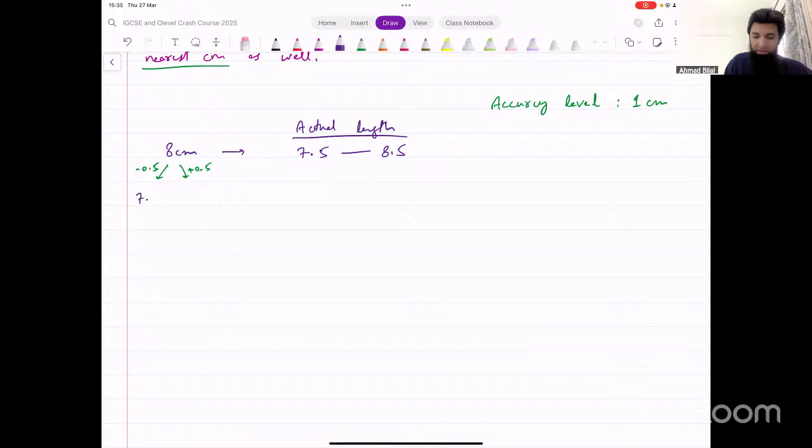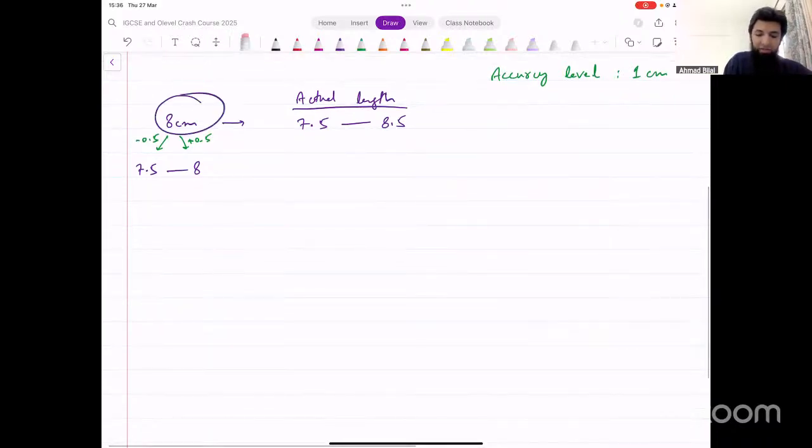The actual value could be anywhere between 7.5 and 8.5. This number, the maximum possible difference from 8 centimeters that we can have for the actual length, we say this is the error that is possible in this measurement.